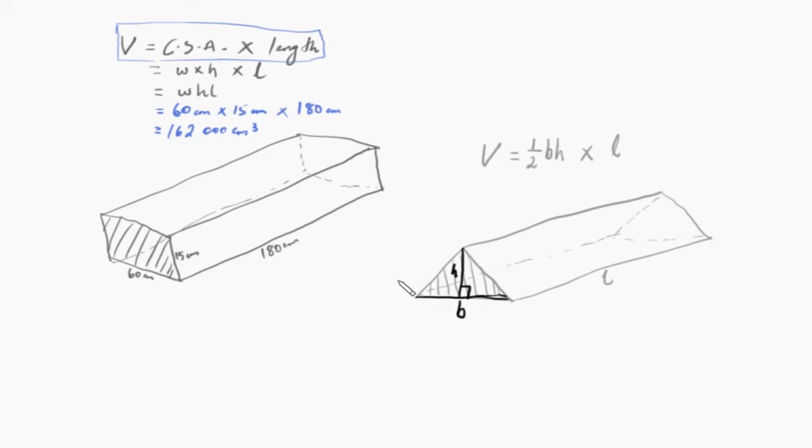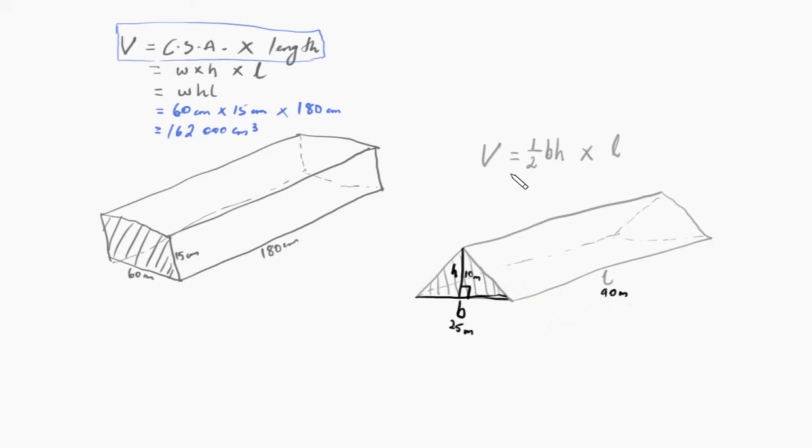Don't be mistaken. Now that means we need to know these dimensions. Let's say this dimension here is 10, the base here is 25, and the length here is 90. They are in meters.